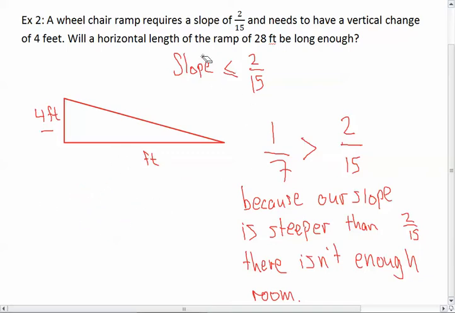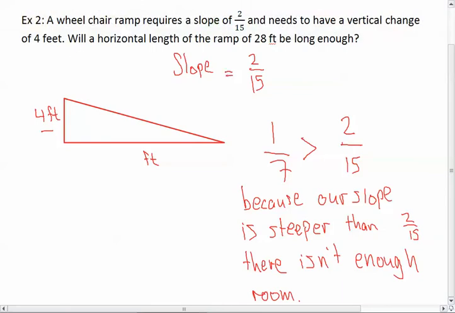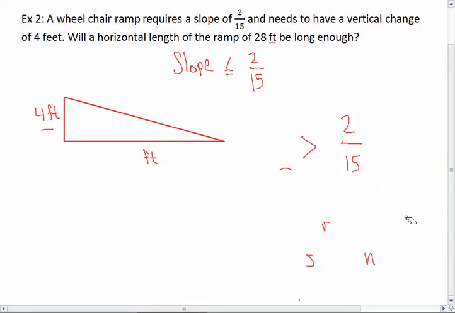I'm going to say I want my slope to be less than or equal to 2 over 15. So I'm going to see what run I would get if this matched. What's the longest run I could have for a slope of 2 over 15?